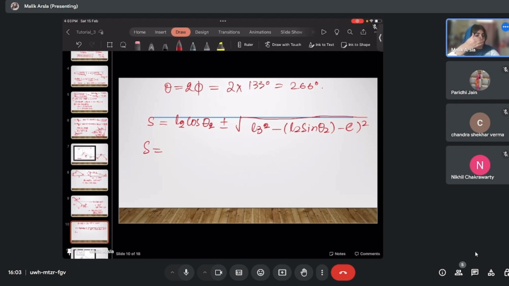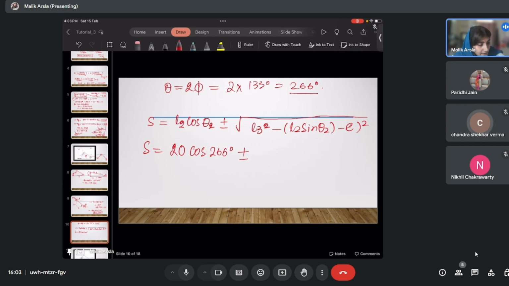So what is L2 here? L2 will be OA, that is 20. So it will be 20 cos of 266 degrees, because theta has been given as 266 degrees, which we just calculated.